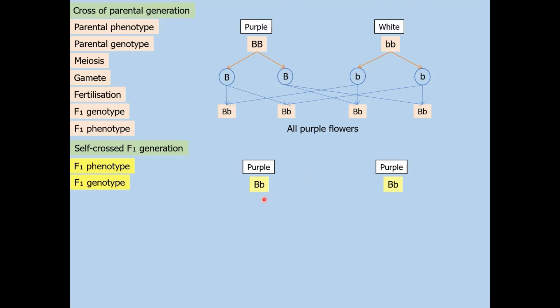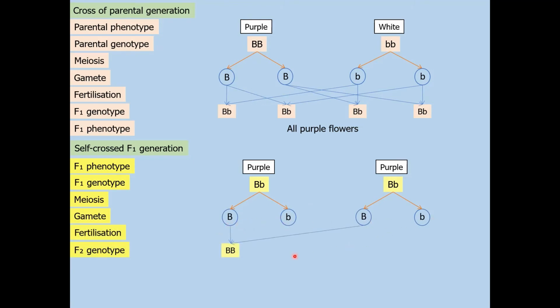Both are heterozygous dominance. The meiosis process, the gametes, big B, small b, big B, small b. Fertilization process. This one is homozygous dominance. This is heterozygous dominance. And then this is also heterozygous dominant, but this one is homozygous recessive.